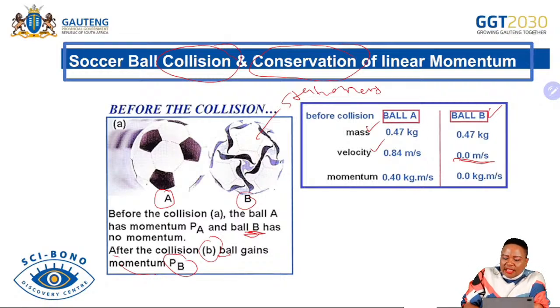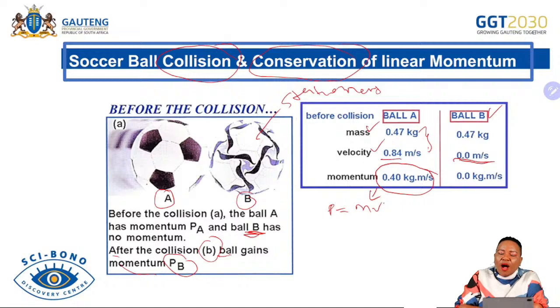So you can see that you are able to calculate the momentum of ball A. How do we calculate the momentum of ball A? We know that p equals mv. So this is the momentum of ball A: 0.4 multiplied by 0.8, and then we get the momentum of ball A. However, the momentum of ball B will be 0, because it is 0.4 multiplied by 0, which gives us 0.